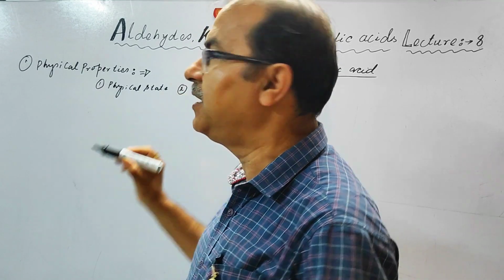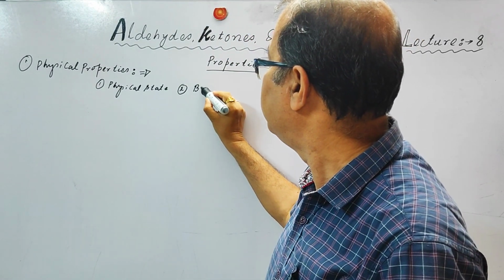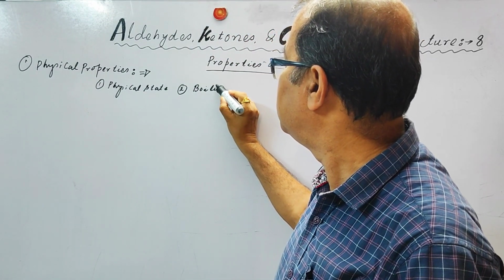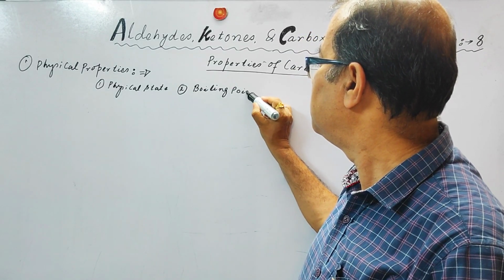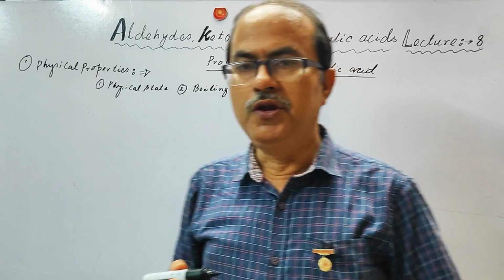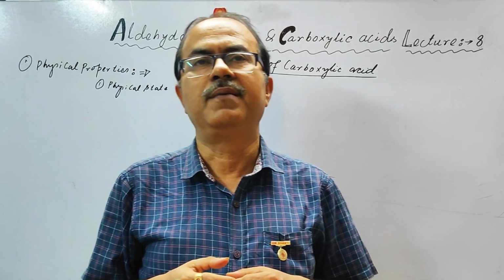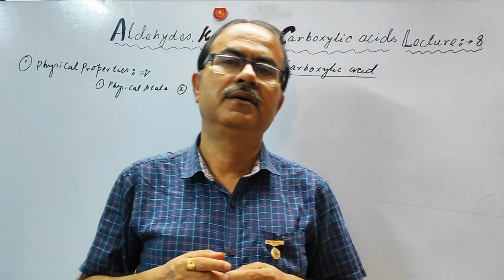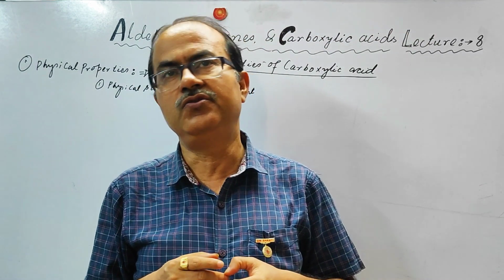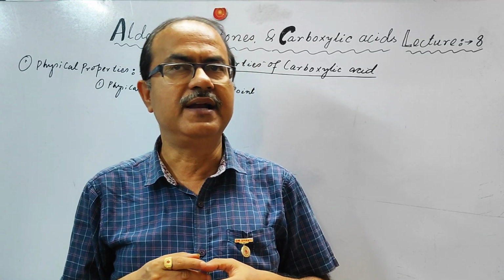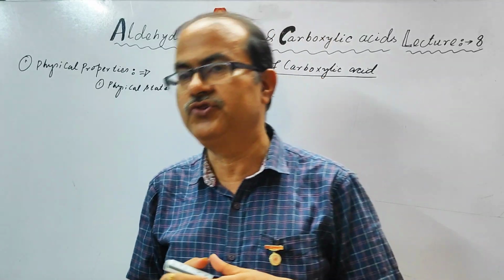Second point, that is the boiling point. The boiling point of the carboxylic acid is more than the boiling point of other organic compounds like alcohols, aldehydes, ketones, ethers. And that is due to the intermolecular hydrogen bonding.